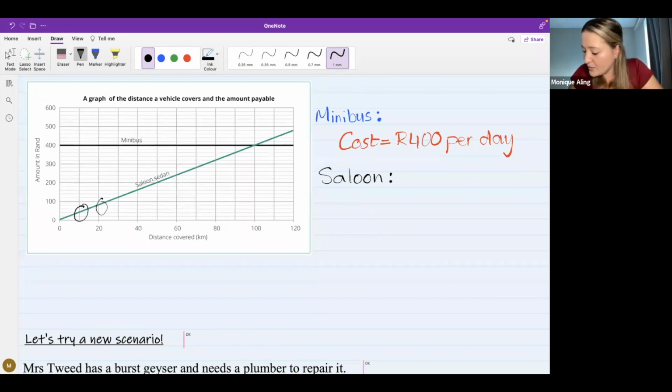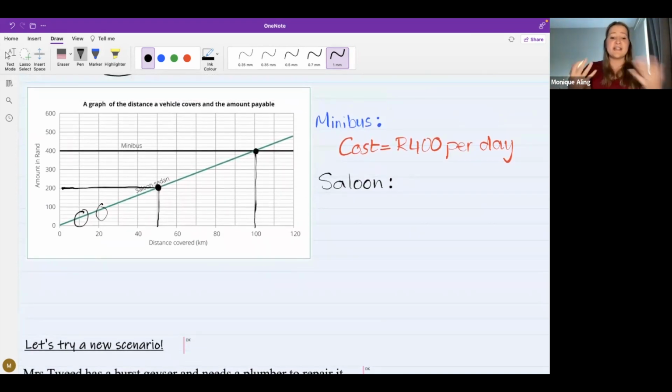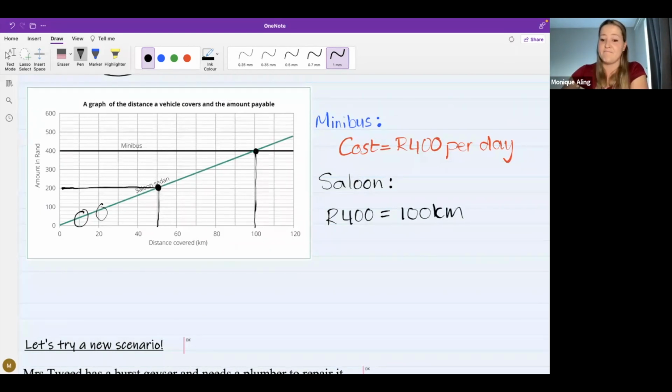So for example, over here, we've got an exact point. At 50 kilometers, it's 200 Rand. Or here's another exact point. It's 400 Rand for 100 kilometers. So if you just take any of those points, so we can go with 400 Rand, you can travel 100 kilometers.